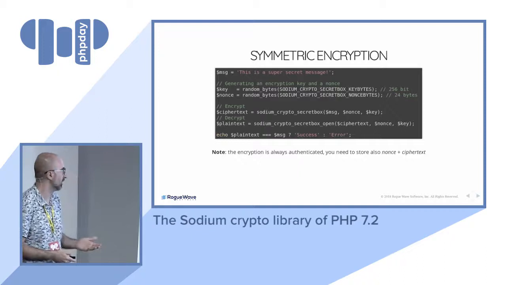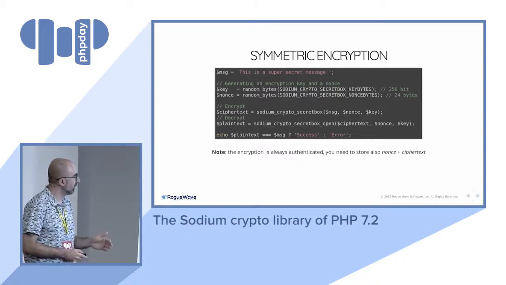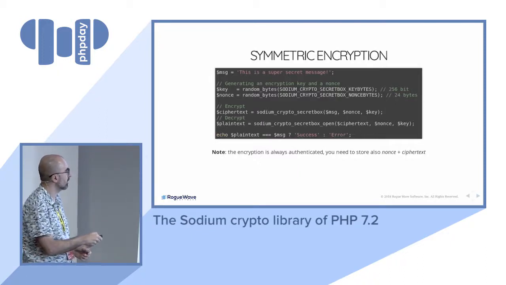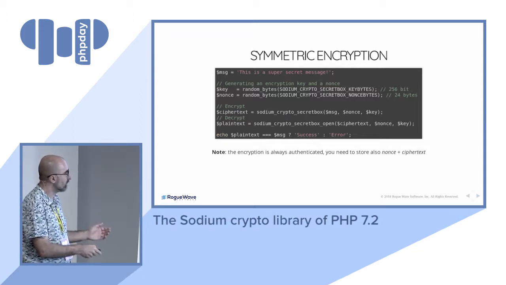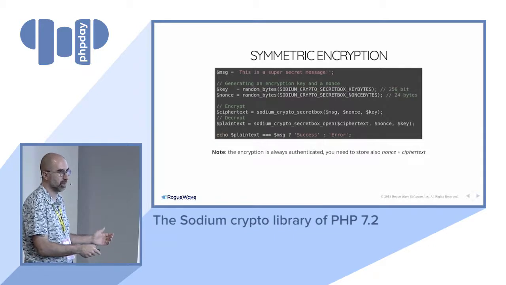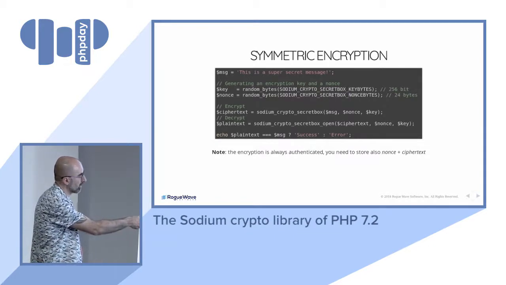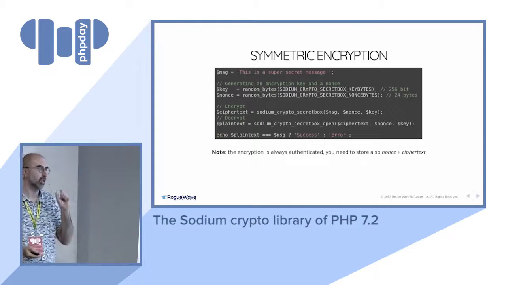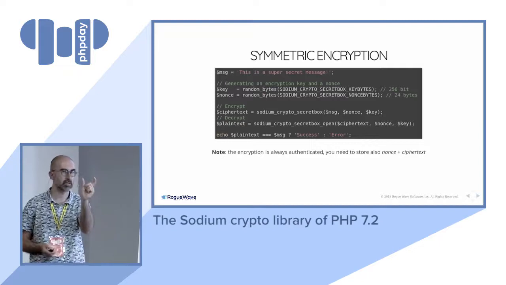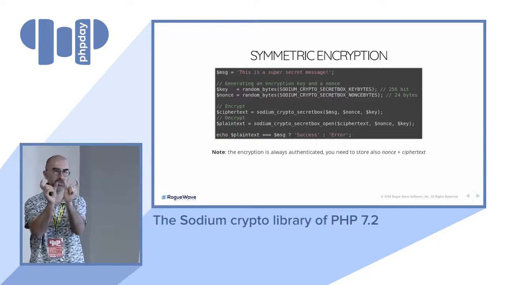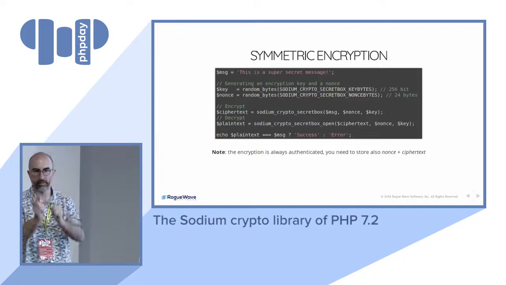Another thing to remember is that if you want to store the ciphertext somewhere, you need to also store the nonce, because the nonce is required when you decrypt the information. Typically, when you store something, for instance in a file or in a database, you put the nonce before the ciphertext. You just concatenate the two strings, the nonce plus the ciphertext.